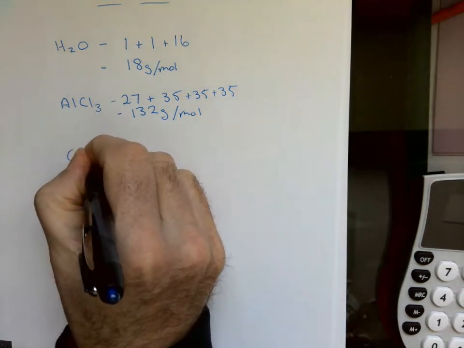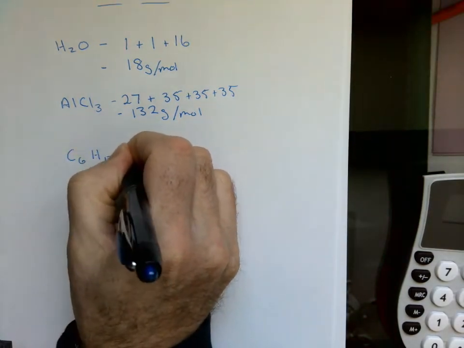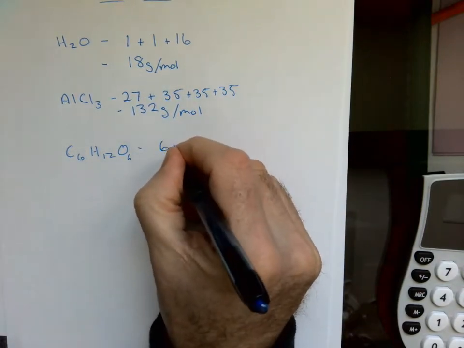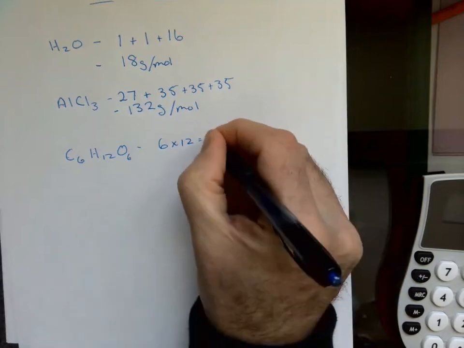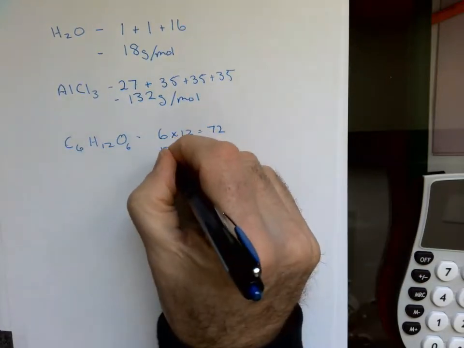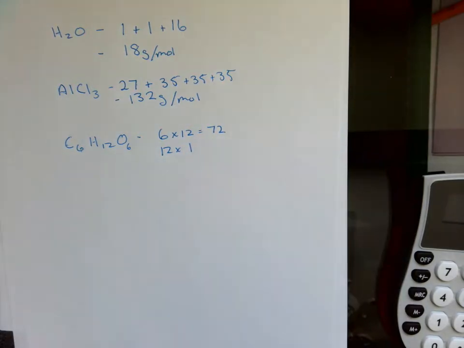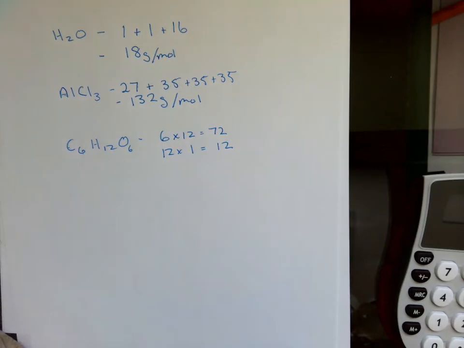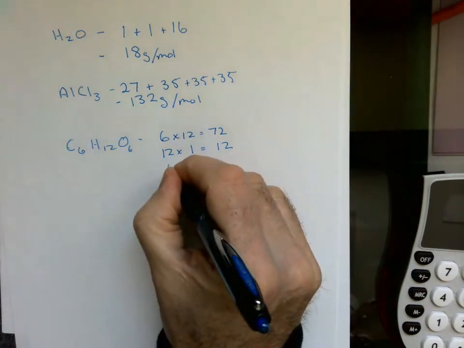Let's do a complicated one. We'll do glucose. We've got 6 carbons. They have a mass of 12 each, equals 72. We've got 12 hydrogens. Now these 2 we've looked up before. They have a mass of 1 each. And we have oxygen. We have 6 of those.